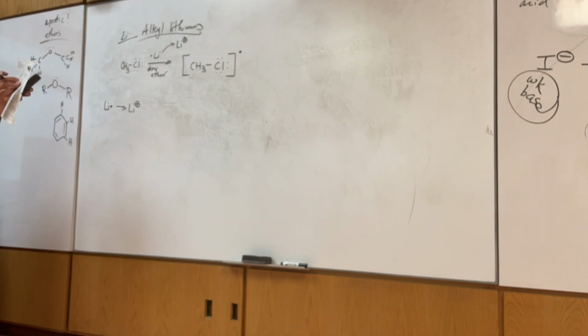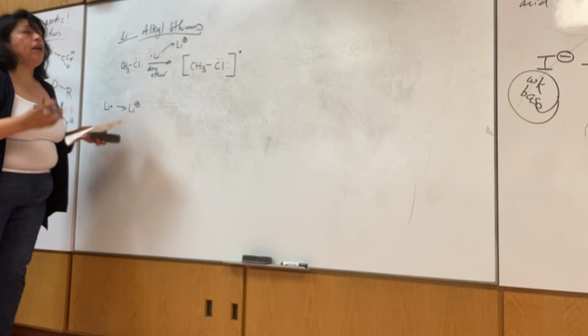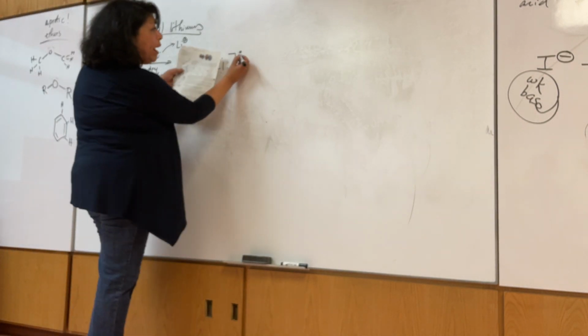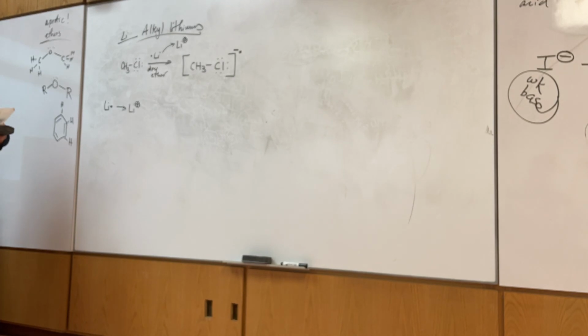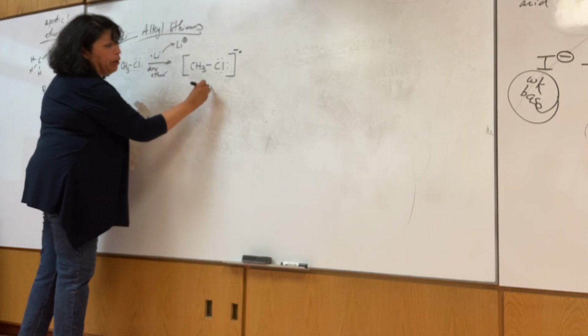So in the book, they have the square and the brackets called a radical anion, right? This is a radical. Now the anion part, if you gain electrons, what charge do you get? Negative. So we're going to put the negative right next to the radical, because we gained an electron. So in the book, they call it a radical anion.